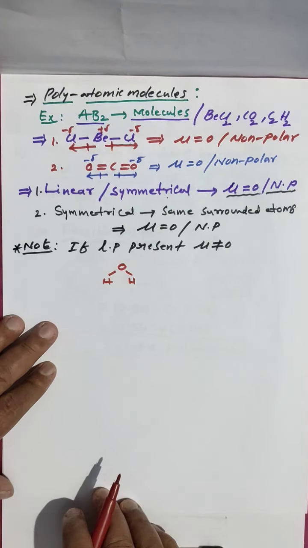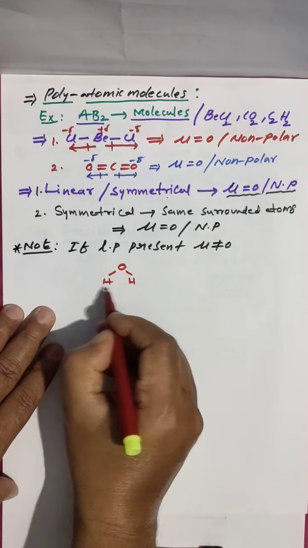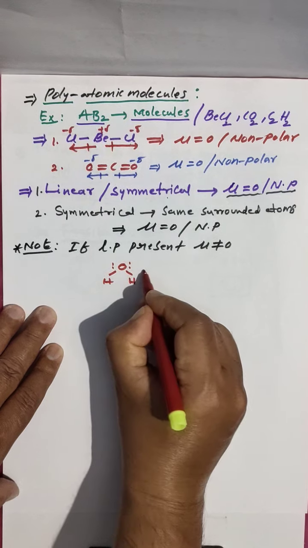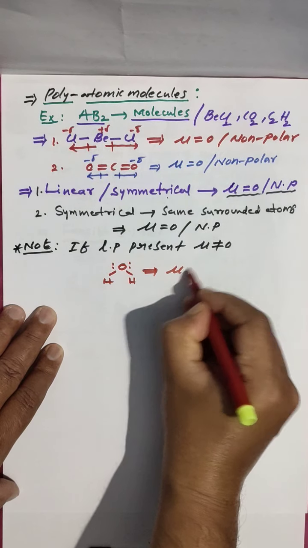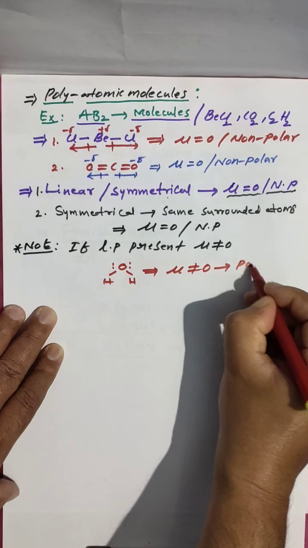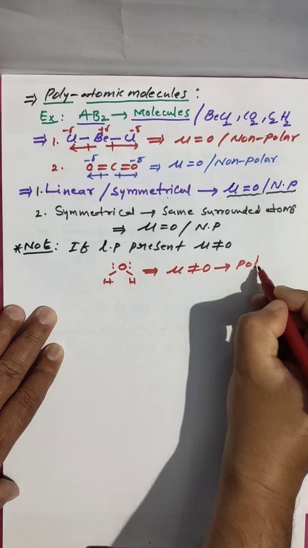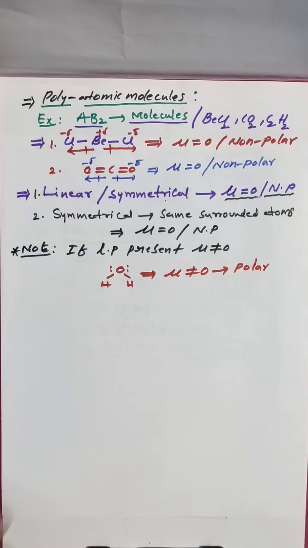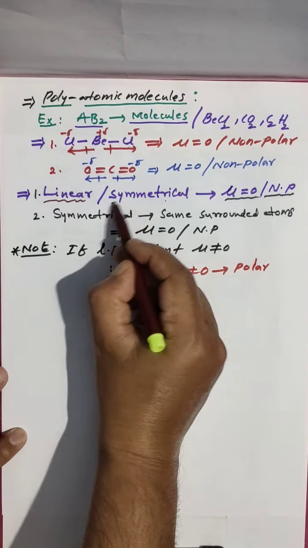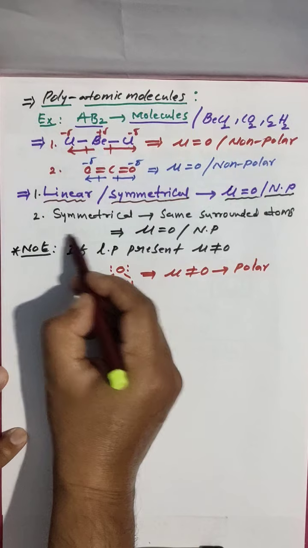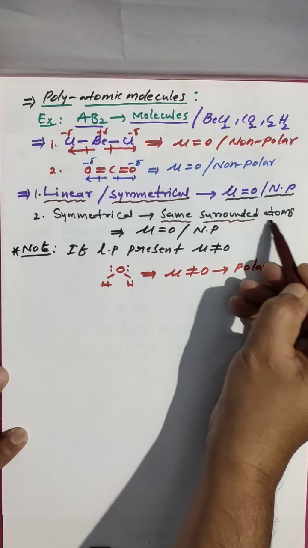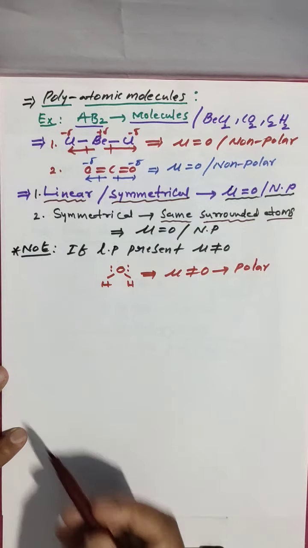See here, same atoms are present, but here you have lone pairs. That's why net dipole moment is not equal to 0, and it is polar. So you have to remember: linear molecule, symmetrical molecule, and symmetrical molecule having the same surrounded atoms, net dipole moment equal to 0.